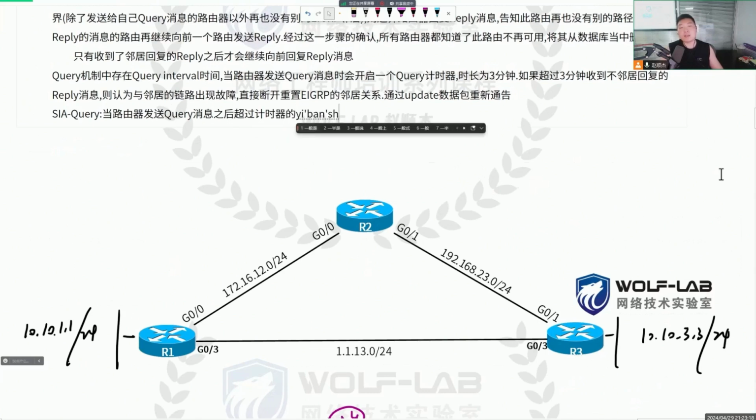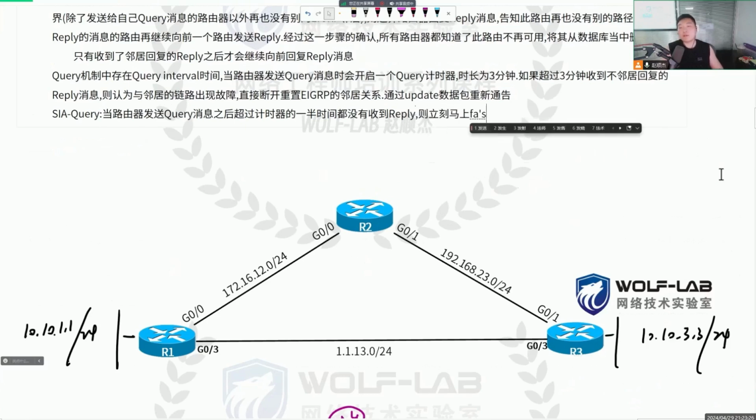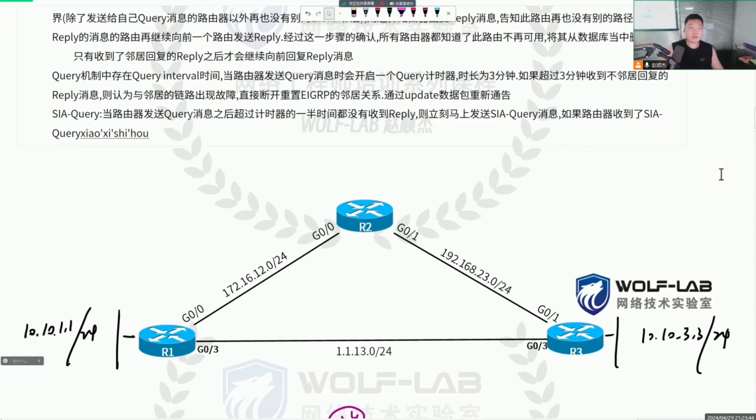After the router sends a query message, if no reply is received after more than half the time of the query timer, it immediately sends an SIA query message. If the neighbor router receives the SIA query message, it will immediately reply with an SIA reply message.